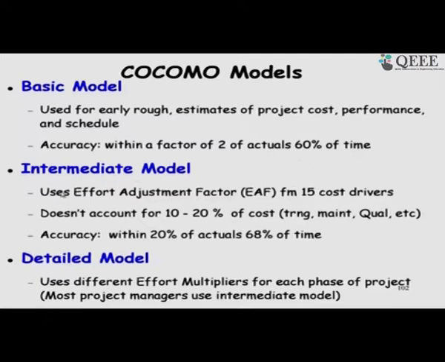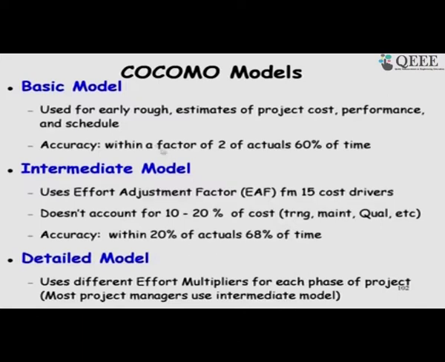Whereas, in the intermediate model, we take the basic model and refine the results. We use an effort adjustment factor based on 15 cost drivers. As we will see, it also does not consider many things in computing the effort, for example, training requirement, quality etc. But still the accuracy is within 20% of the actual 68% of the time.